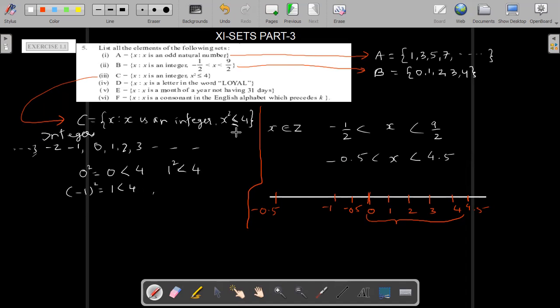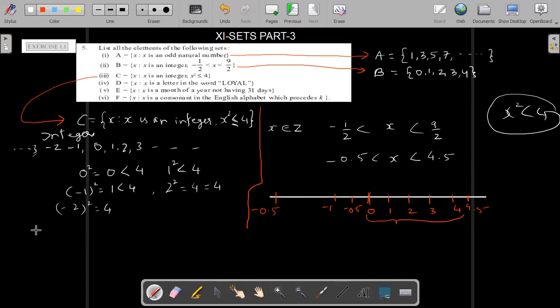If this equal sign is not there, if the question is x square is less than only 4, then we will not take 2. Then only 0, 1 and minus 1 will come. But here 2 square is equal to 4, so we have to take this also, and minus 2 square is also equal to 4.